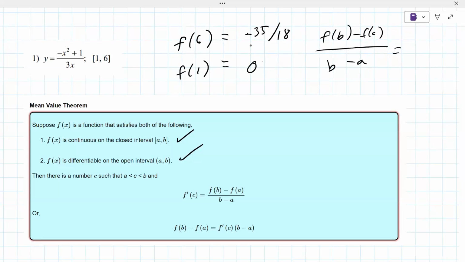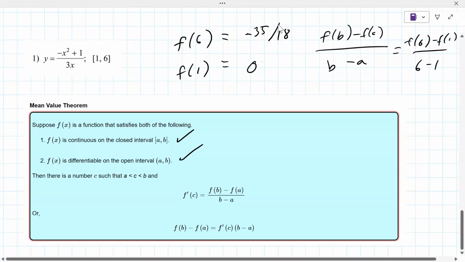So in your problem, it's f of 6 minus f of 1 over 6 minus 1. So you're using this result, and then 6 minus 1. Can you tell me what that becomes? Negative 7 over 18. Yeah, negative 7 over 18.